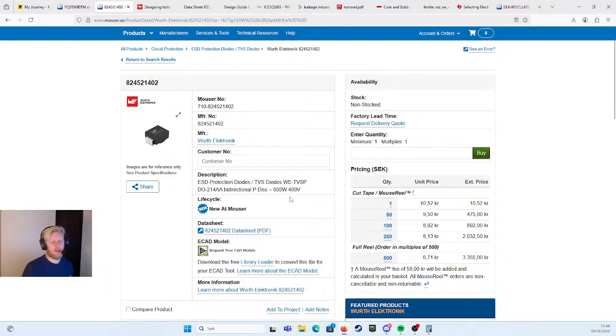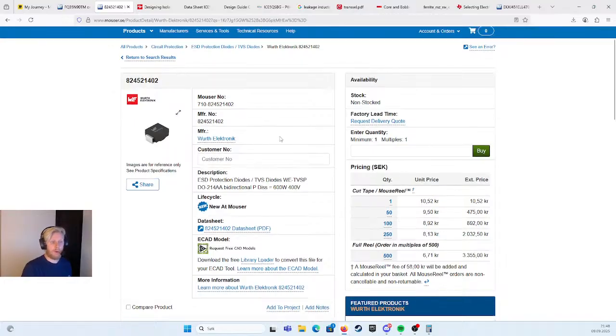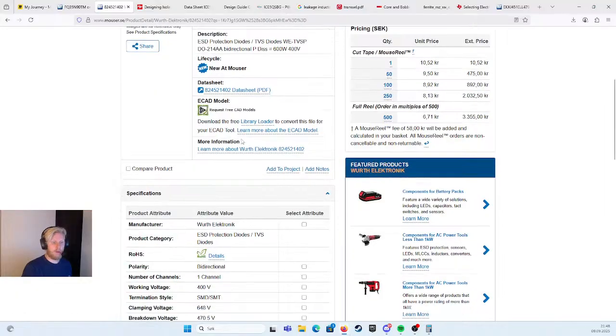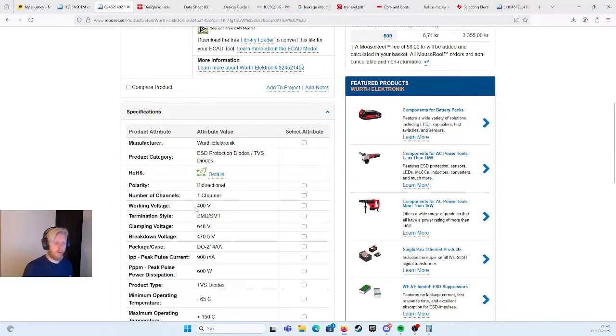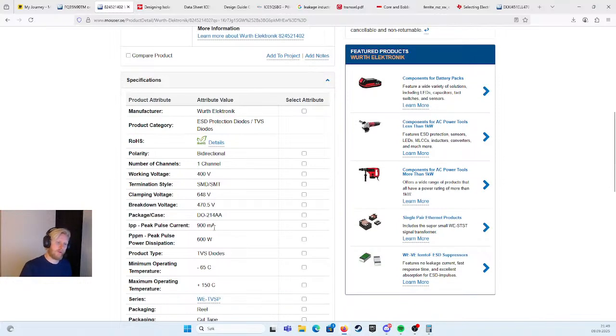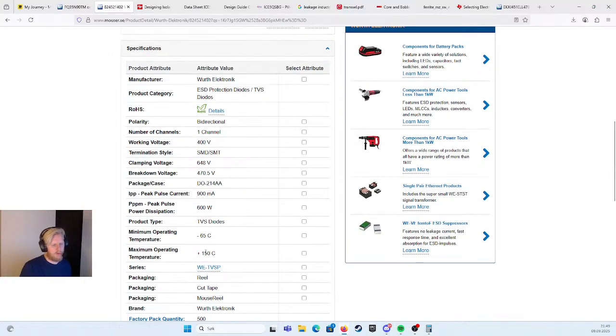So this is the only one we found, new at Mouser. Working voltage 400 volts. Clamping voltage is 648 volts. What else do we need?